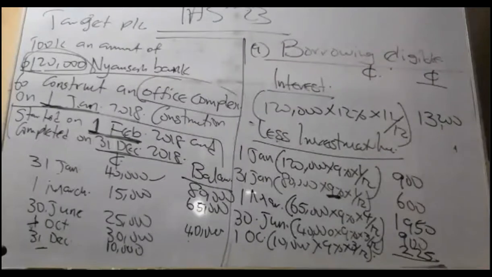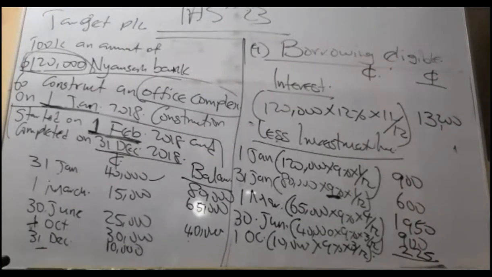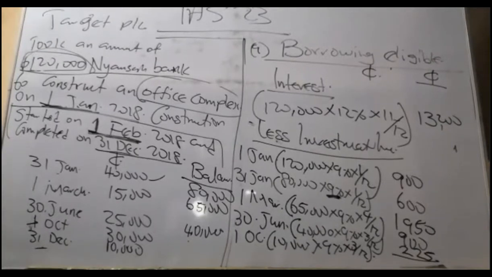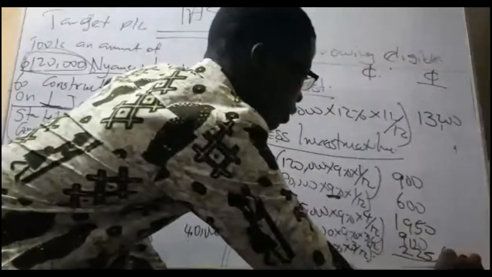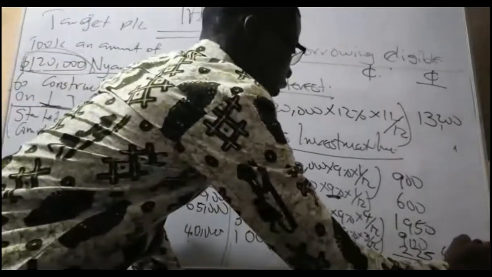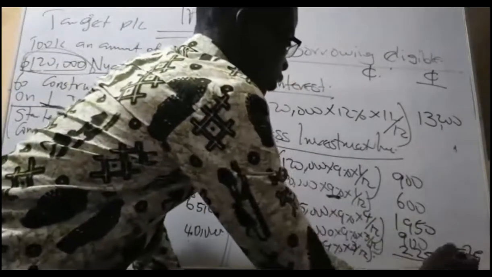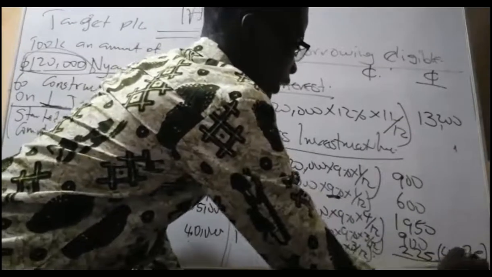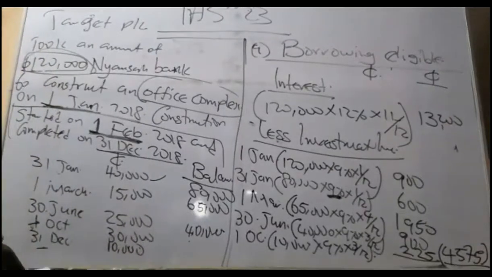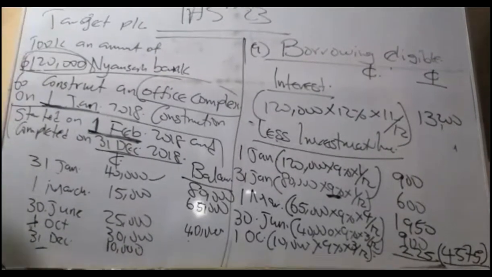In fact, the final answer, okay, I'll take that. So 4,575, right? 4,575. So you take it off from where? From 13,200. Yes, the answer is 8,625.